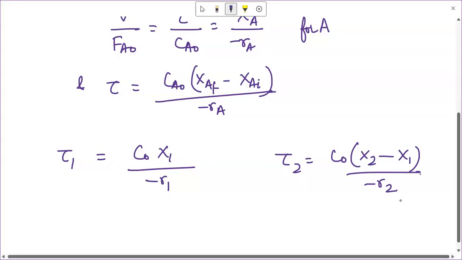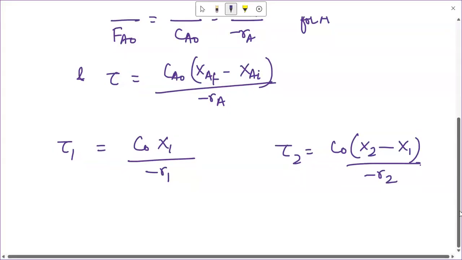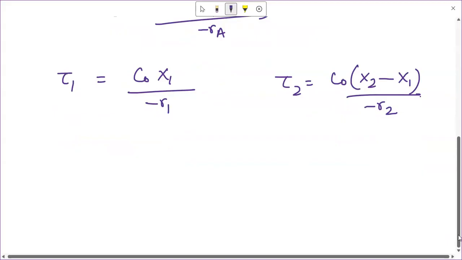Now let us draw two different configurations which take us to the same final conversion of x2. One configuration is where you have a small mixed flow reactor first. Here you have initial conversion of 0, C0 and F0 at the inlet.